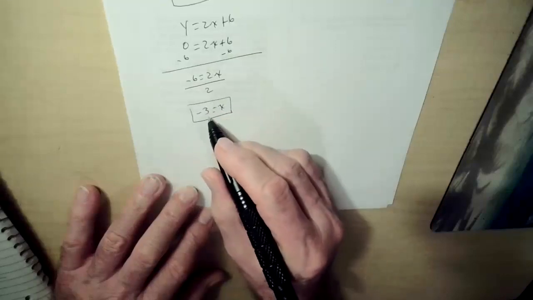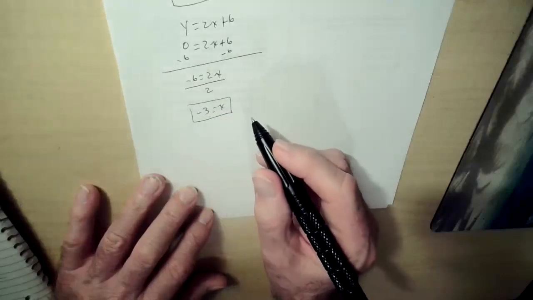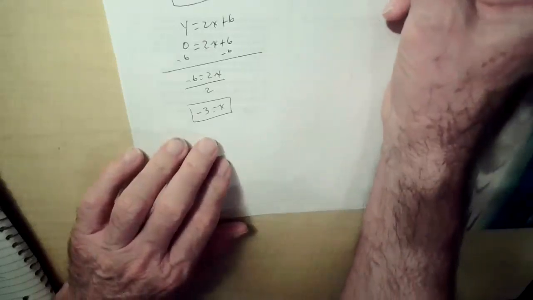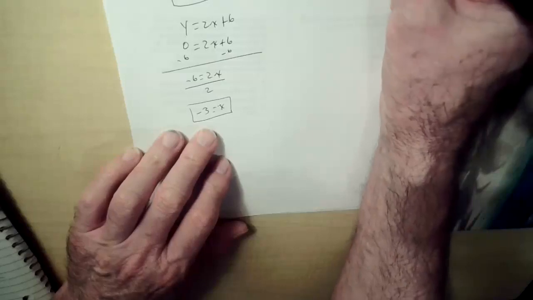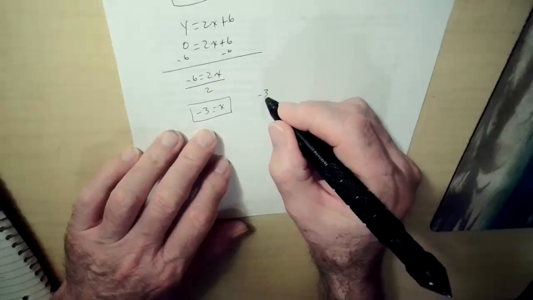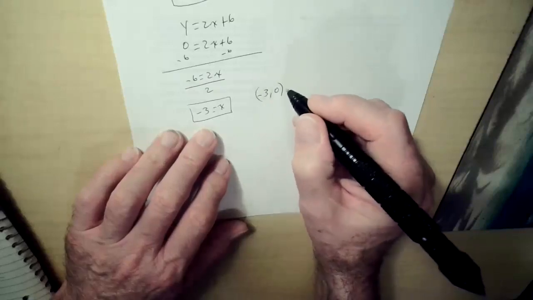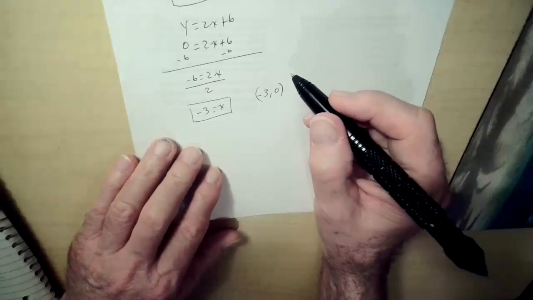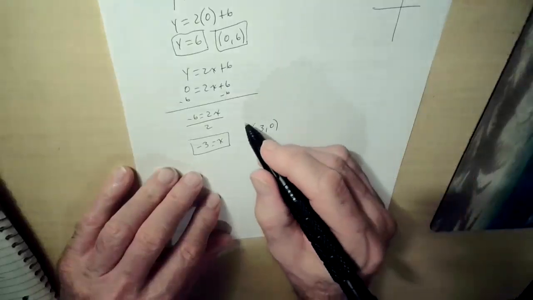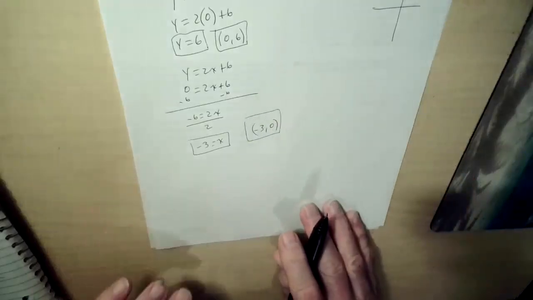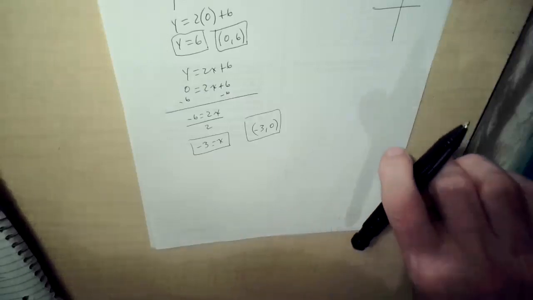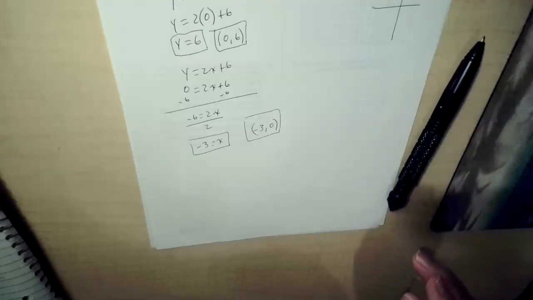Divide by 2, x equals negative 3. Is this our answer? No. Remember, we want the coordinates. X is negative 3, which is more or less right there. (-3, 0). This is our answer for the y-intercept, (0, 6). This is our answer for the x-intercept, (-3, 0).